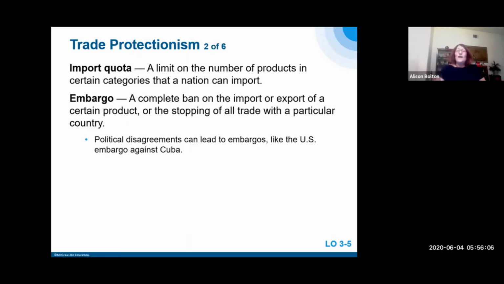What can come up for this is that they're told there's only so much that they can import during a period of time. And it depends on what that product or service is, but they can't go any higher than whatever it is. And as I mentioned, embargoes, talked about that just now, such as with Cuba.